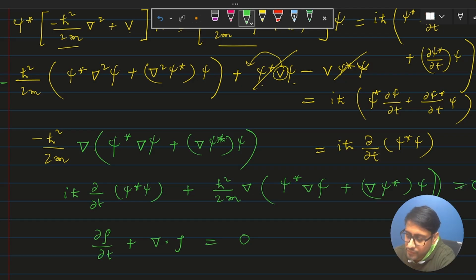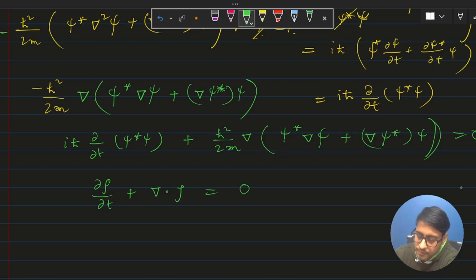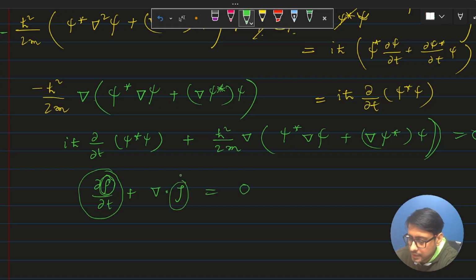If there is some flow of anything, flow of charge or any material, then we write the continuity equation. This is basically the change in any physical quantity, and this is the current associated with that physical quantity. This is the change, and this is anything incoming or going out.